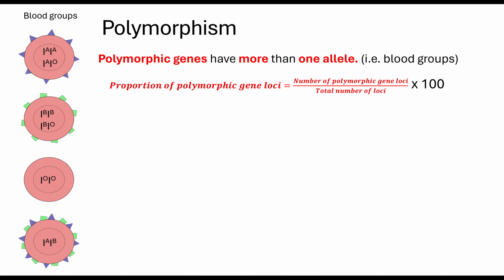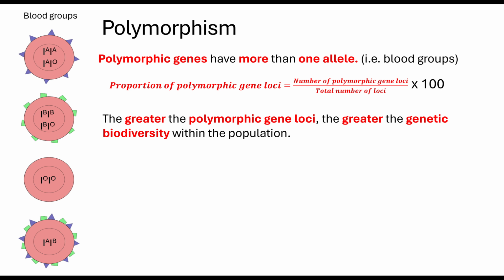We note that the greater the proportion of polymorphic gene loci, the greater the genetic biodiversity within the population. If we sequence different individuals, we can identify which of the population has the greater genetic biodiversity.